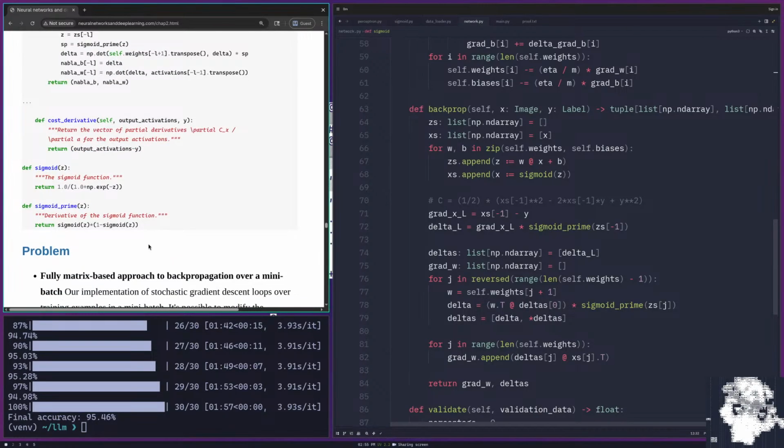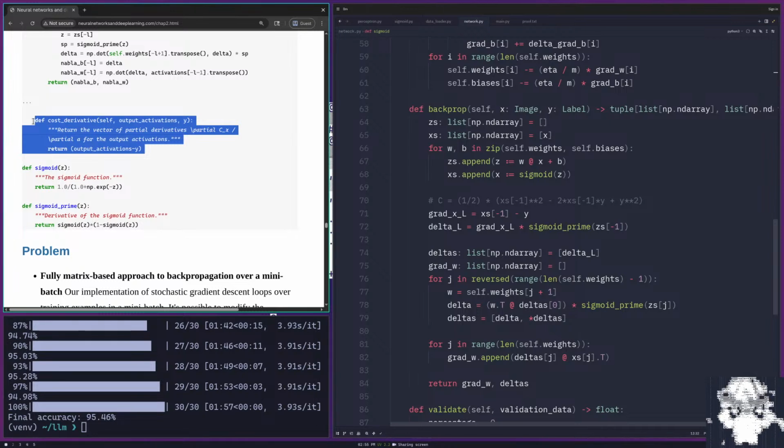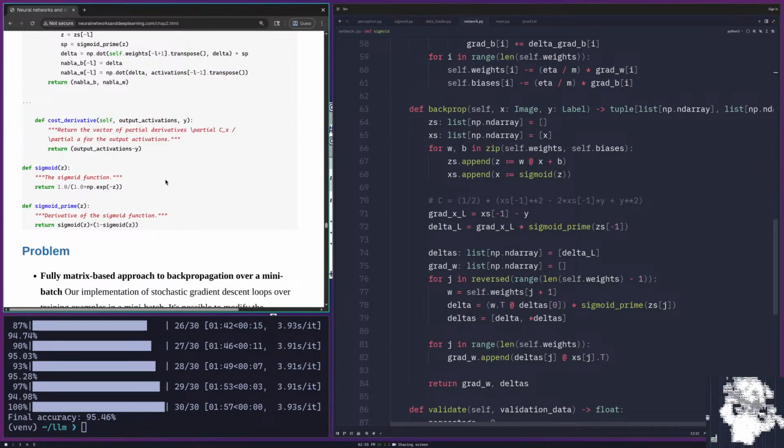And then this is the same for us, and then we didn't split cost derivative into a separate function, but I guess we will once we want to swap out different cost functions.